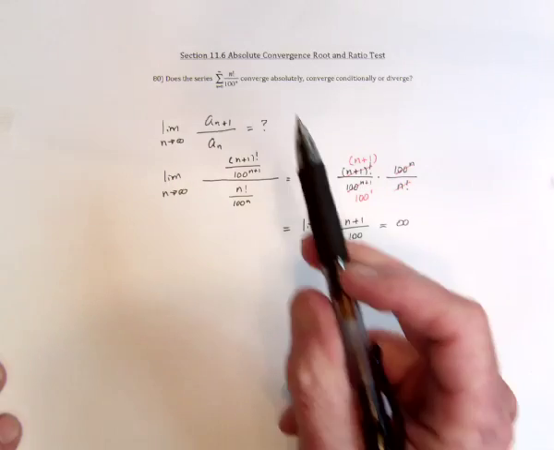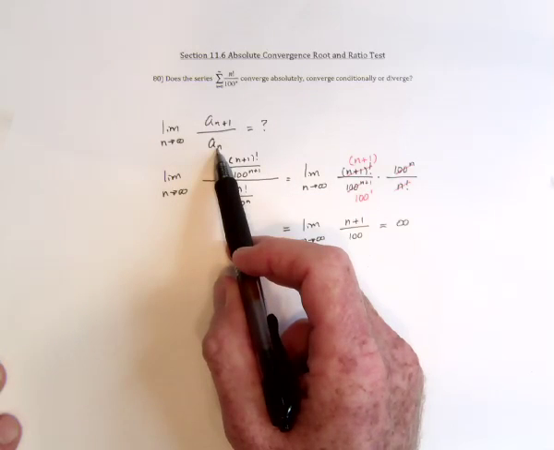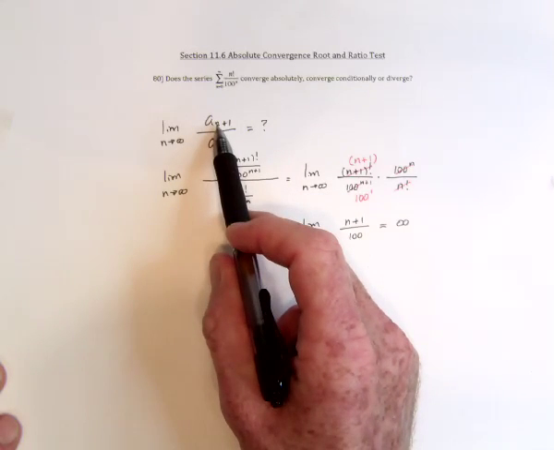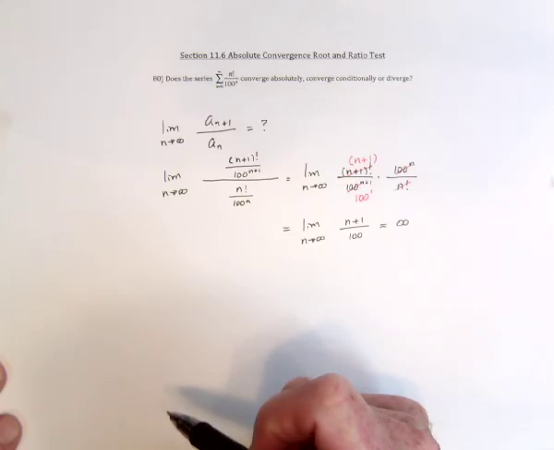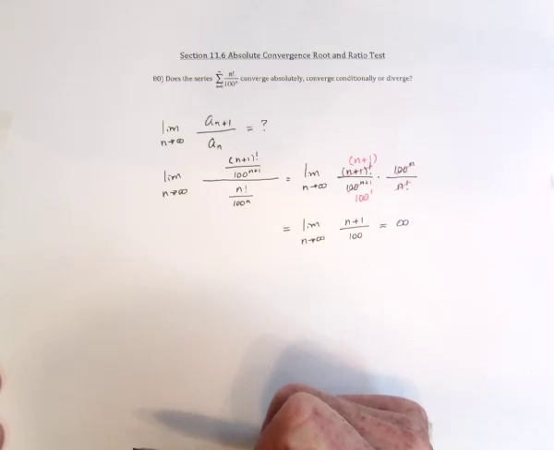Or in other words, when you compare this one to this one is getting infinitely bigger than this one, which means the terms are getting bigger and bigger and bigger.